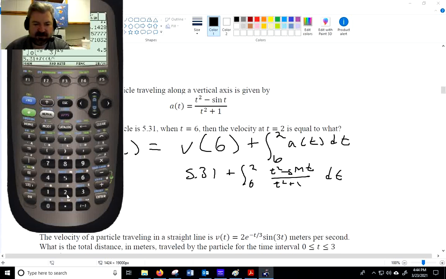So t squared minus the sine of t, that's my numerator, divided by my denominator, which was t squared plus 1. And we're going to be integrating with respect to t, and we'll be going from 6 to 2. Really want to be careful that your pretty print is absolutely spot on this question, because there's a lot to type in.